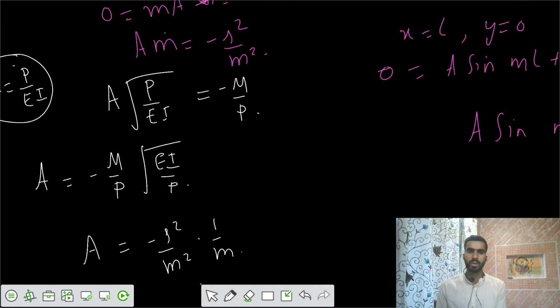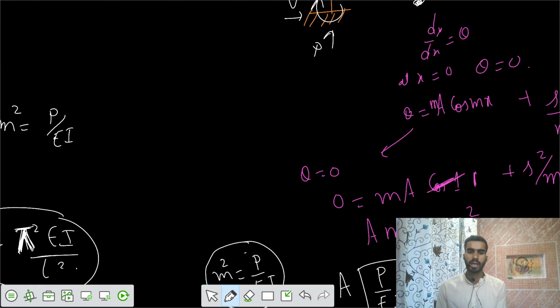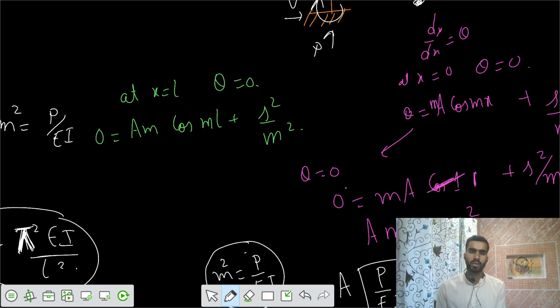So similarly, if I apply the boundary condition that at x equals L, theta is also 0. If I write that equation also, I would say 0 equals am cos of ml plus s square by m square.